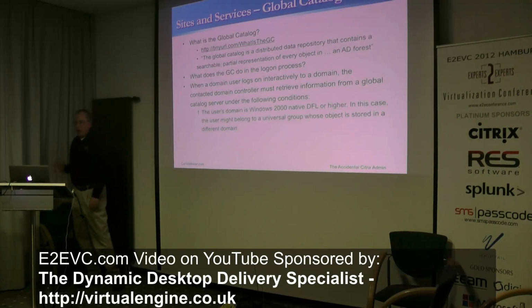One, the user's domain is Windows 2000 native DFL or higher, which I'm hoping is everyone in this room. In that case, the user might belong to a universal group whose object is stored in a different domain. Second reason it would contact the global catalog server is the user's login name is a user principal name.